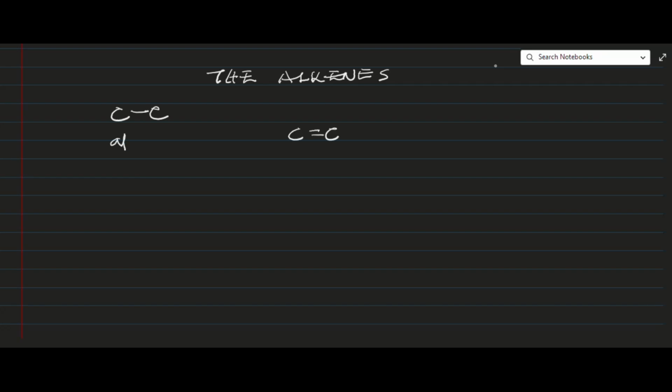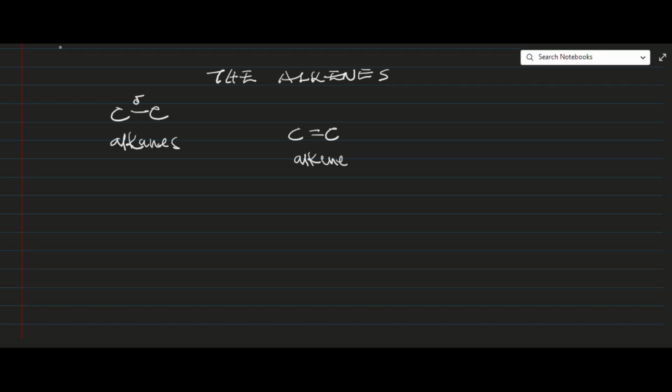Remember, this is for our alkanes. When we have at least one carbon to carbon double bond in a compound, the compound may belong to the alkene family. Remember, a carbon to carbon single bond is a sigma bond.